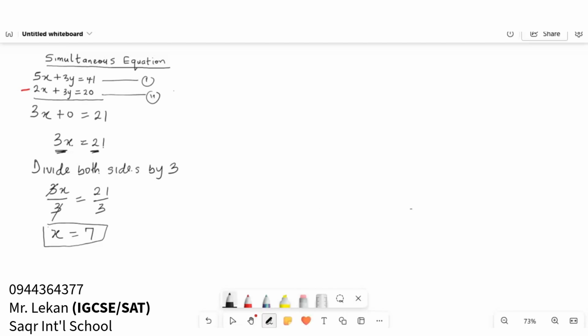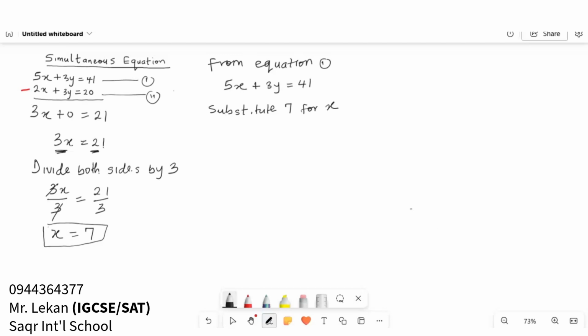From equation 1, 5x plus 3y is equal to 41. Since my x is equal to 7, I can easily substitute 7 for x.